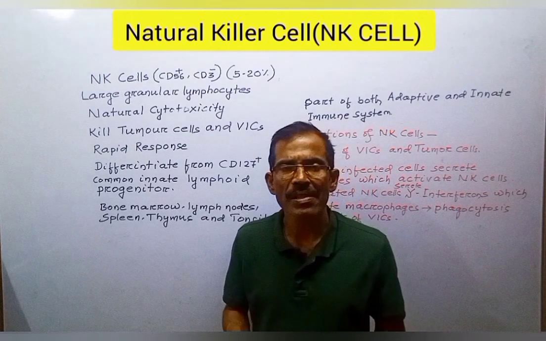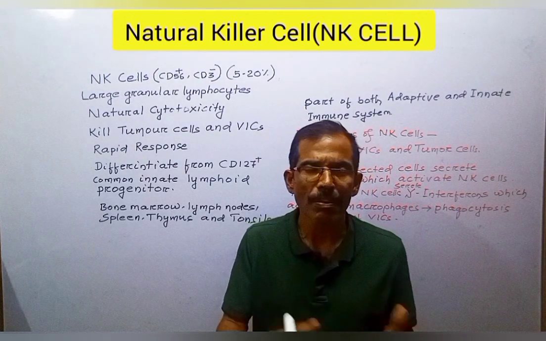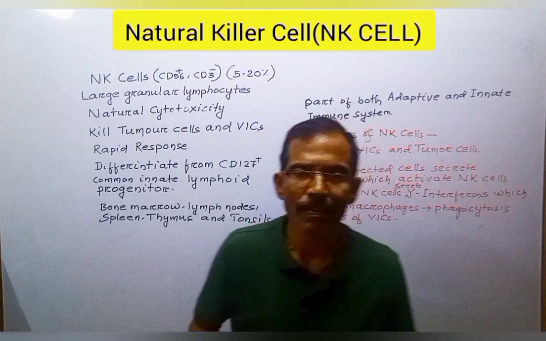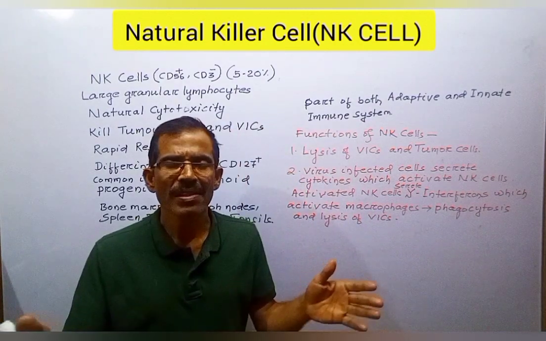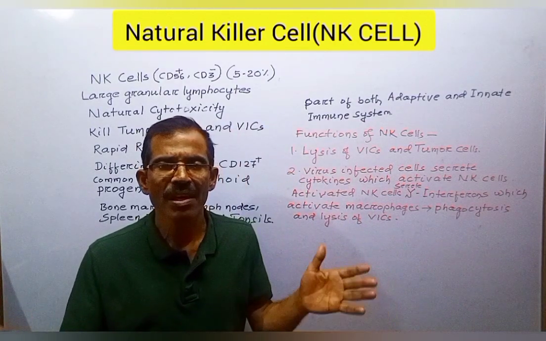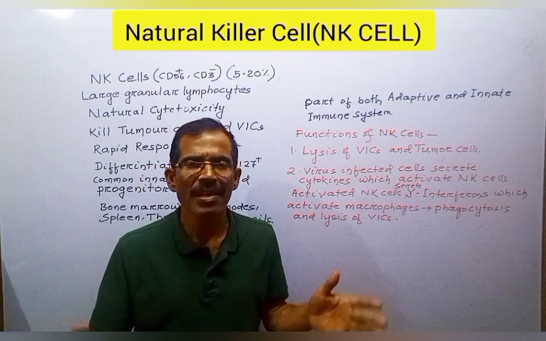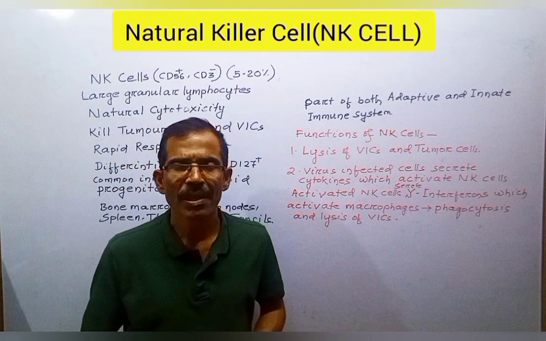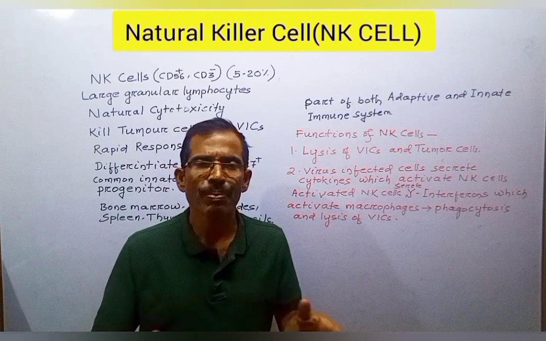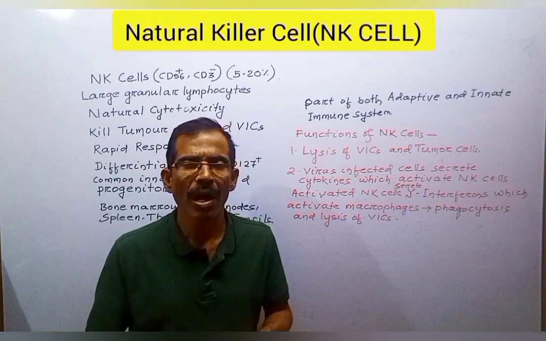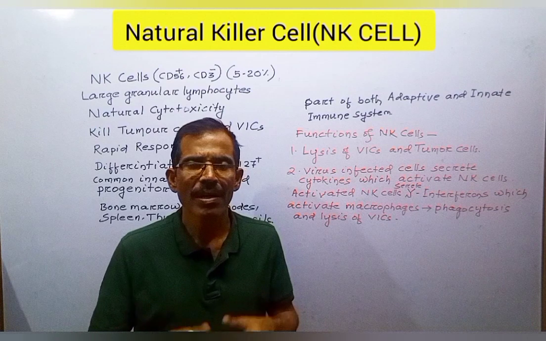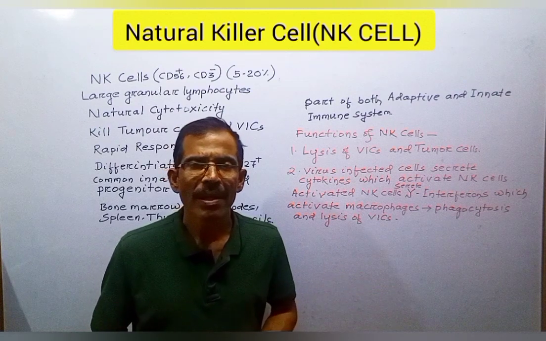Natural killer cells are part of both the adaptive and the innate immune system. Natural killer cells have several functions such as lysis of virus-infected cells and tumor cells. In addition, virus-infected cells secrete cytokines which activate natural killer cells.